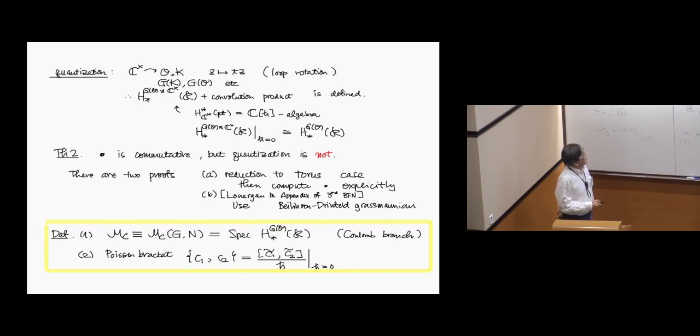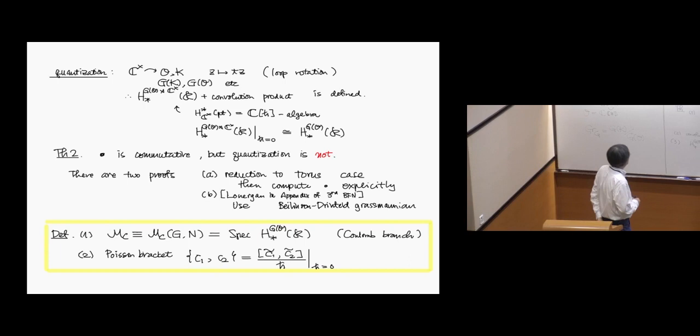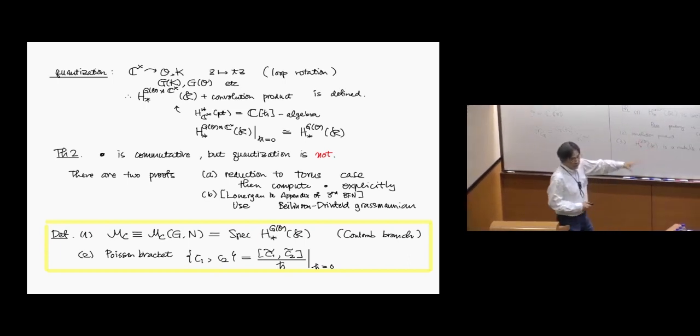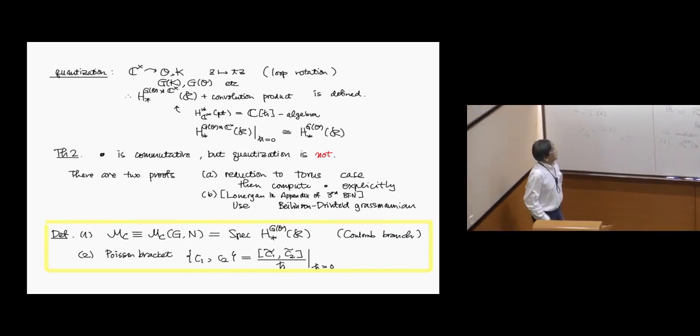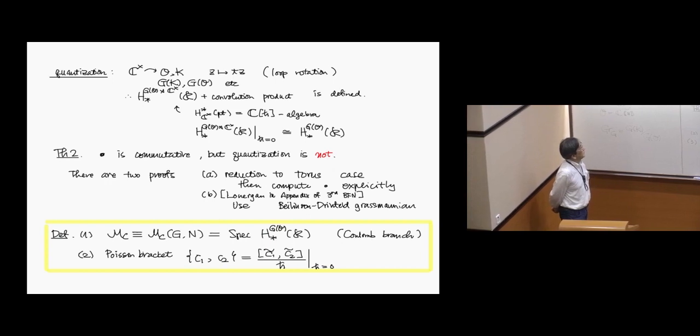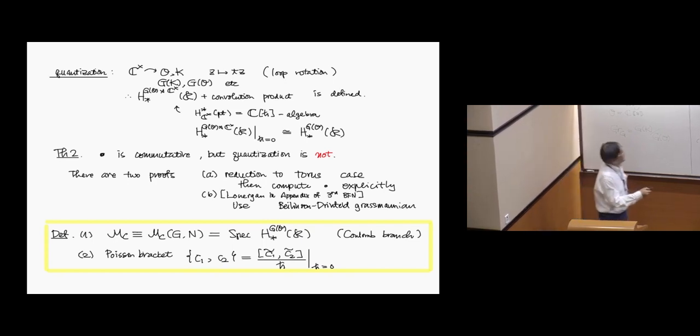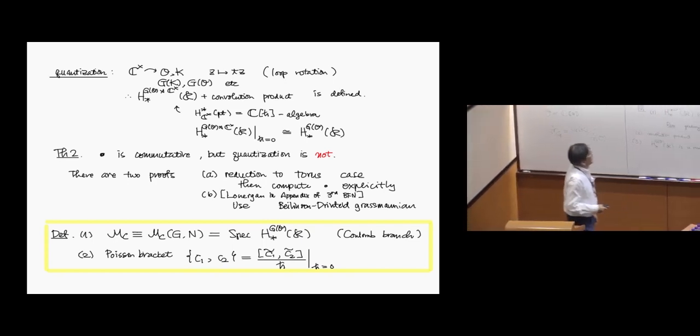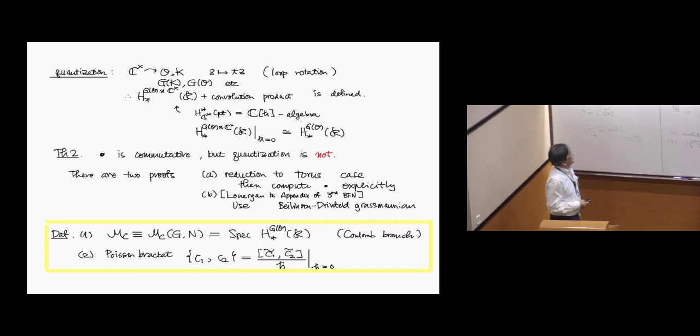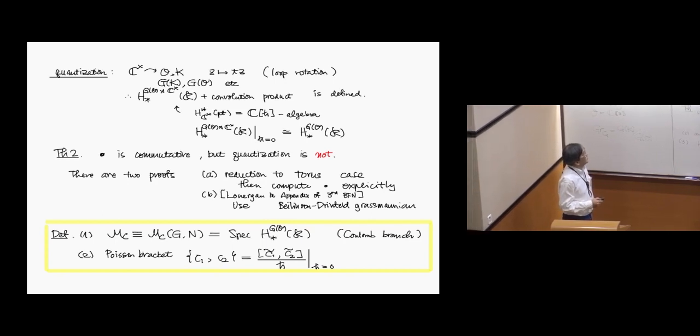We have a lot of knowledge of the affine Grassmannian. We have Schubert varieties, spherical Schubert varieties, and that gives some cross-section varieties in the affine Grassmannian. You consider the pullback to this space R, and by using such knowledge, you can analyze this homology group.